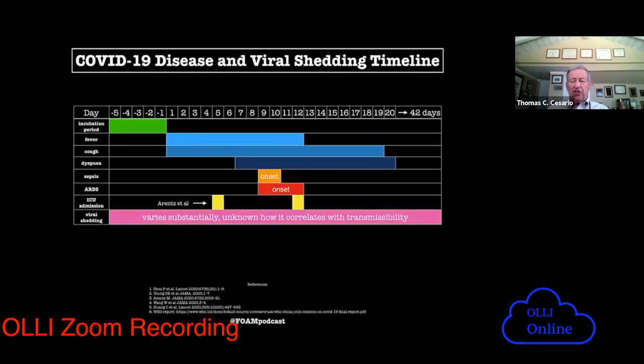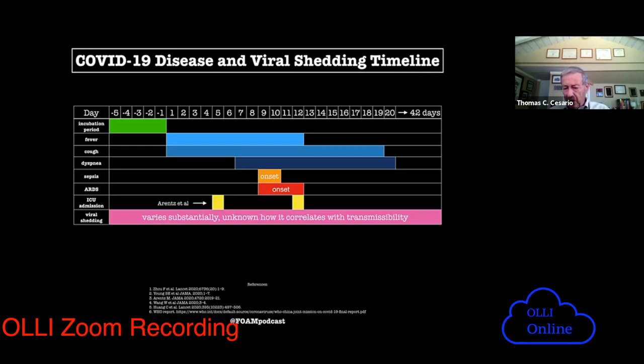And the next slide shows you the course. And what I want to point out in the green up there is that incubation period, roughly about 5 days. And then you get sick with the typical respiratory things, fever and cough. But along about the transition from the first to the second week comes that shortness of breath.